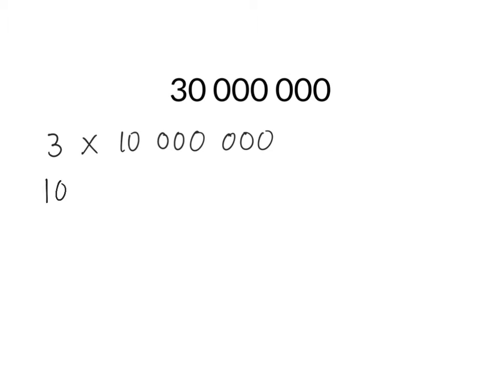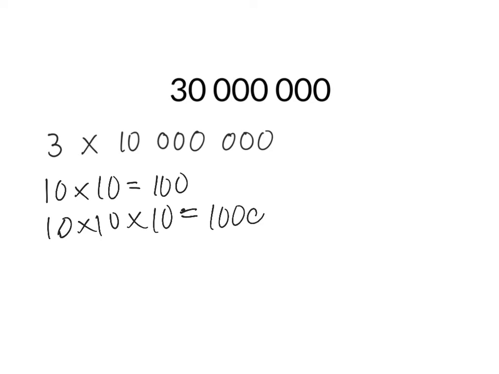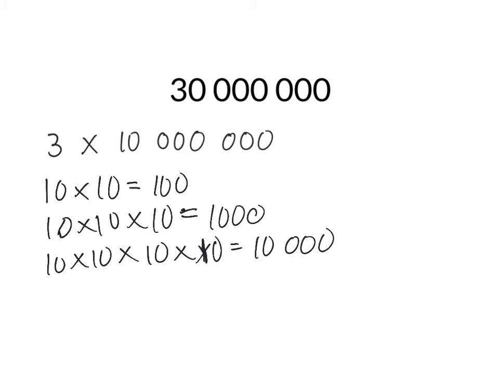So when we have 10 times 10, we know that's 100. 10 times 10 times 10 is equal to 1,000. And if we kept going, 10 times 10 times 10 times 10, we would get 10,000.